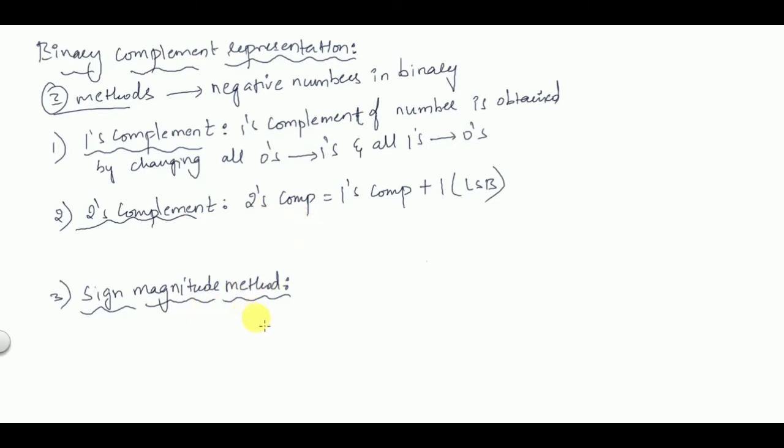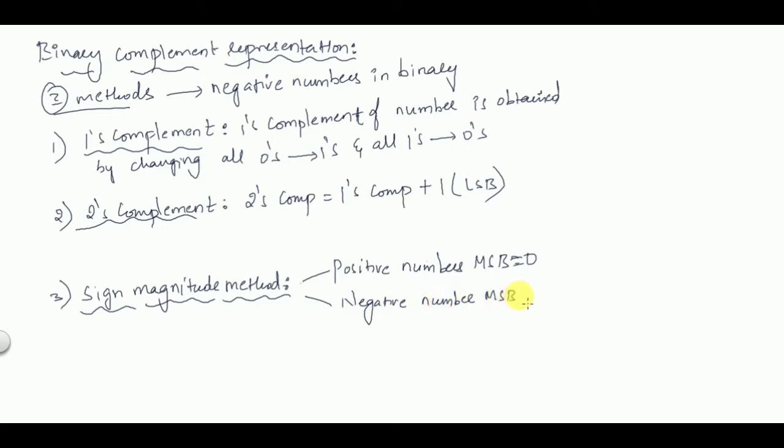And sign magnitude method. In the sign magnitude method, the positive numbers will have the MSB value equal to 0. If the MSB value is equal to 0, then it represents a positive number, and if the MSB is equal to 1, it represents a negative number.